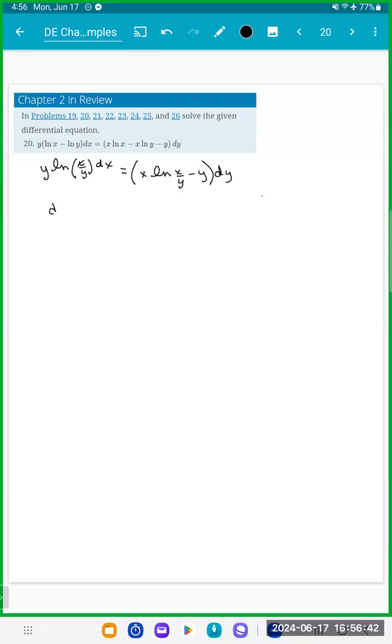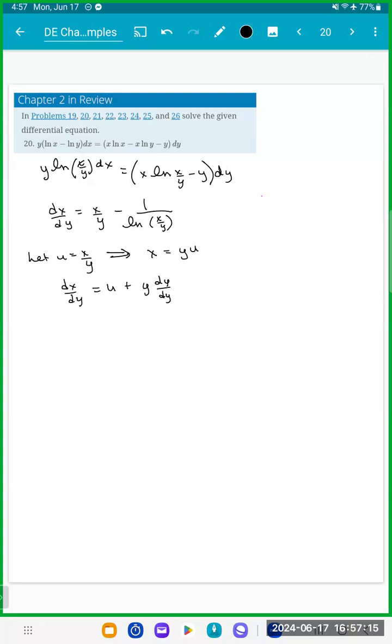Okay, so dx/dy is equal to x over y minus 1 over ln of x over y. If we let u equal x over y, then that's the same as x is equal to u times y. So dx/dy is equal to u plus y du/dy.